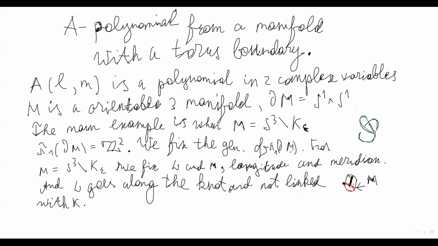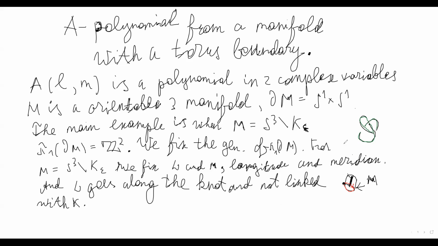Yeah, and thank you for talking about orientation. I forgot to mention what we can also fix here. So about the orientation, when we have a knot, we can say that the longitude goes in the same direction as the knot goes.